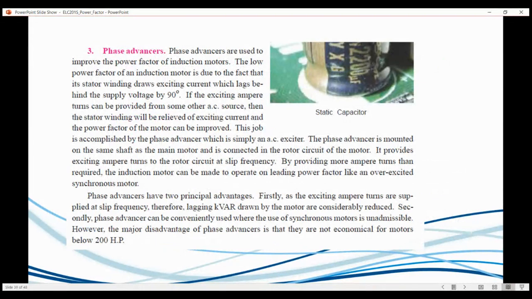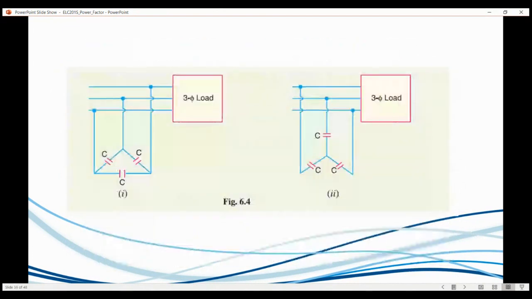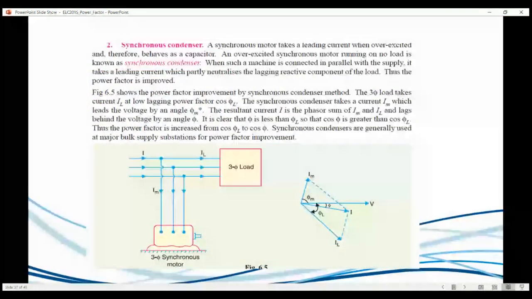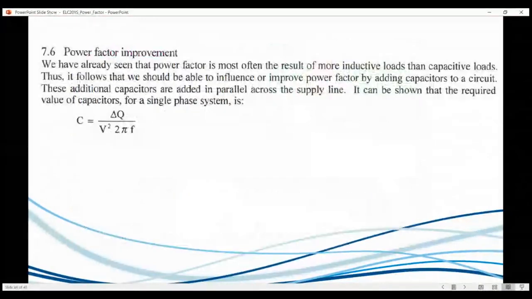The other type is phase advancers. However, they have a limitation on the size of the motors. So that's another type. I'm not going to go too much into all of these, but just making you aware there are three common methods, or the conventional techniques. There are some more modern ones. I can't remember exactly what the other one was now, which is power factor correction.